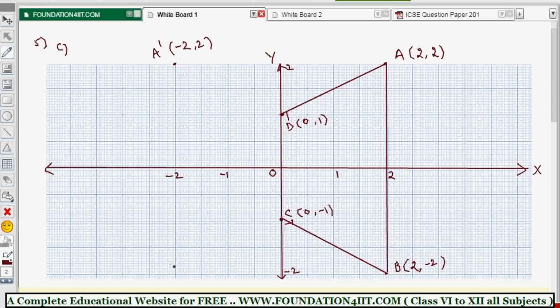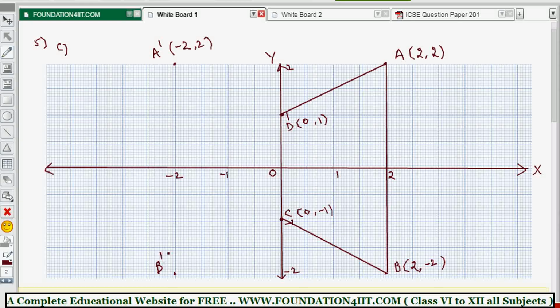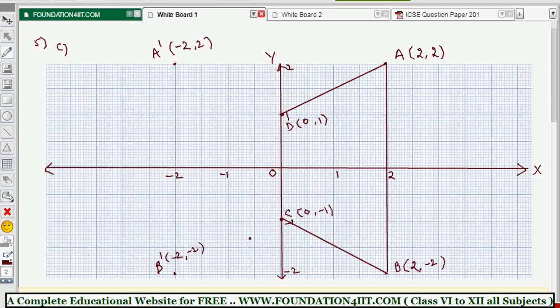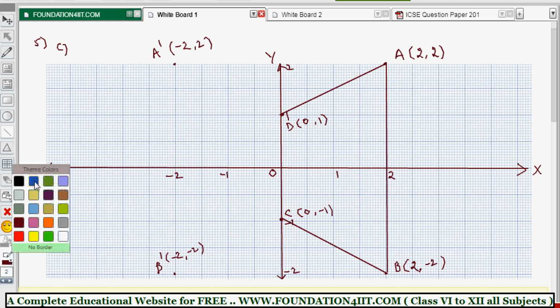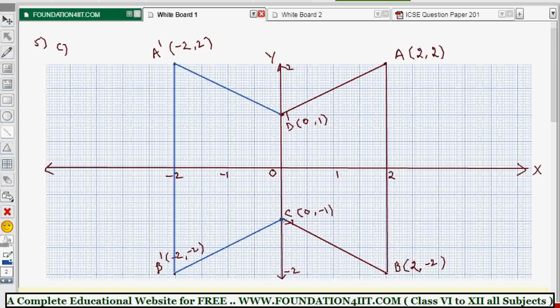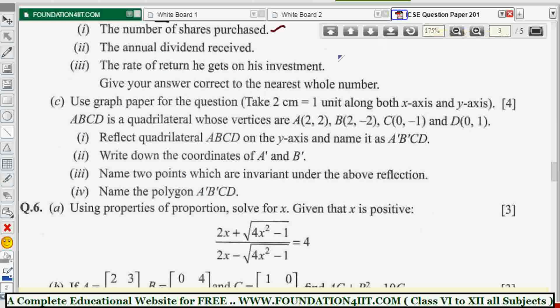And B reflection is B dash, minus 2 comma minus 2. So on reflection on the y-axis, the x value sign will be changed. Then if you join this, A dash, B dash, C and D, this is the quadrilateral.